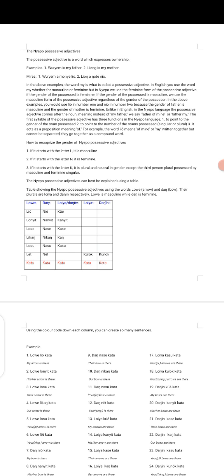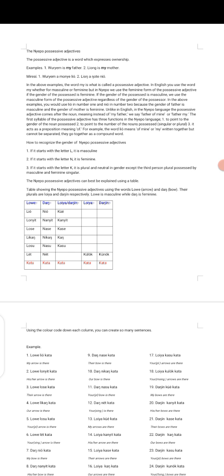If the gender of the possessed is masculine, we use the masculine form of the possessive adjective regardless of the gender of the possessor. In the above examples, you would use Leo in number 1 and Neo in number 2 because the gender of father is masculine and the gender of mother is feminine.